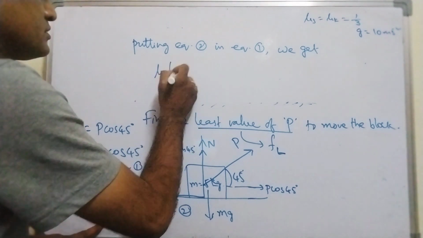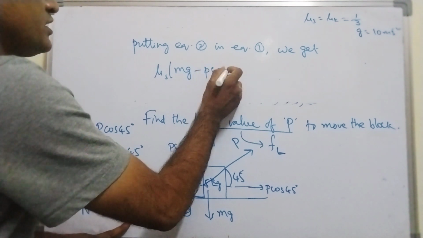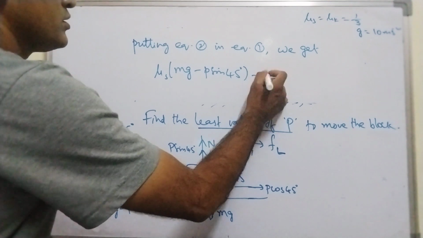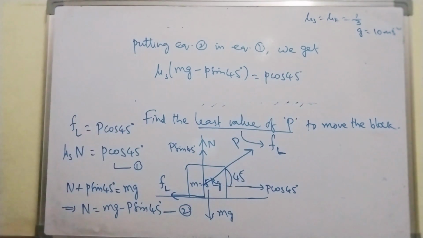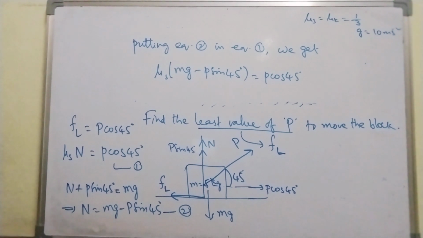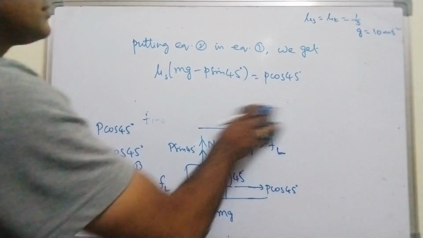N is mg minus P sin 45 degrees, equal to P cos 45 degrees. Right? Is it not? Right. Now, what are the values that are given?